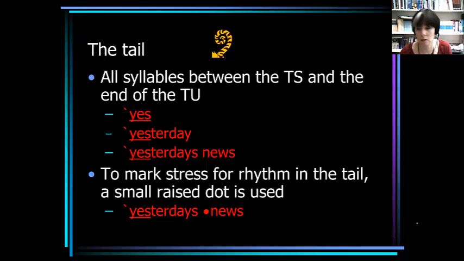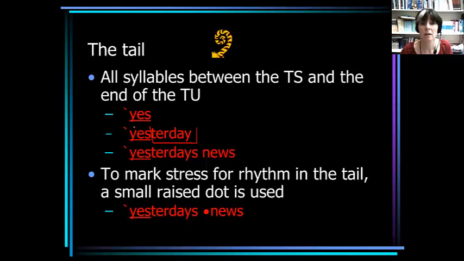Okay. A tail is everything after the tonic syllable and the end of the tone unit, before the next tone unit starts. So here we just have a tonic syllable, yes, with a falling tone on it. But now I have syllables which are after the tonic syllable. So this word has 1, 2, 3 syllables, and this is the tonic syllable, so these syllables after it are the tail syllables.